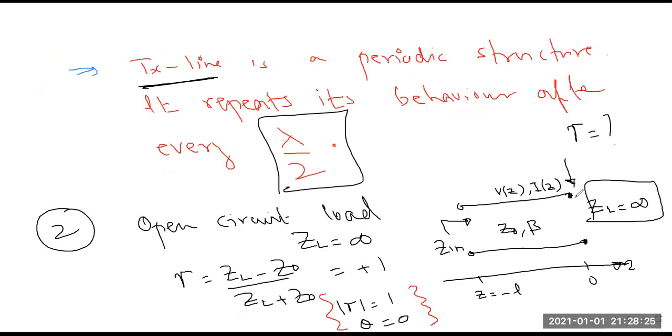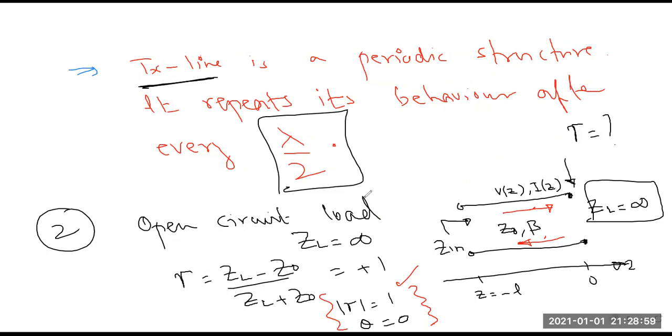Again, this is an undesirable situation because any signal coming from the source side, all of it will be reflected because the magnitude of reflection coefficient is 1. But now the phase is equal to 0. It means the reflected signal's phase will be the same as that of the incident signal. So now the phase is not changed by 180 degrees as it was in the case of short circuit load. Let's see its effect on the voltage and current equations.